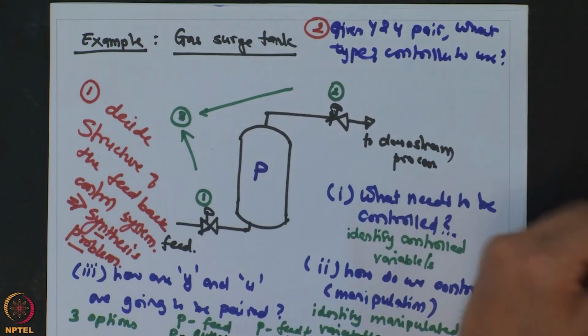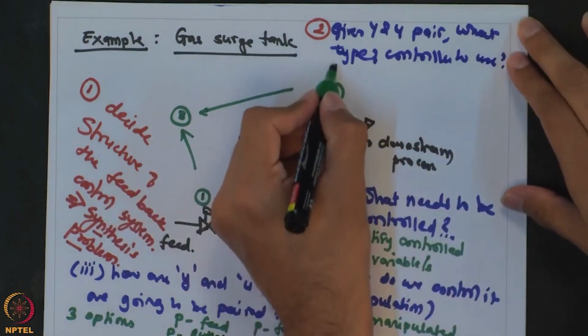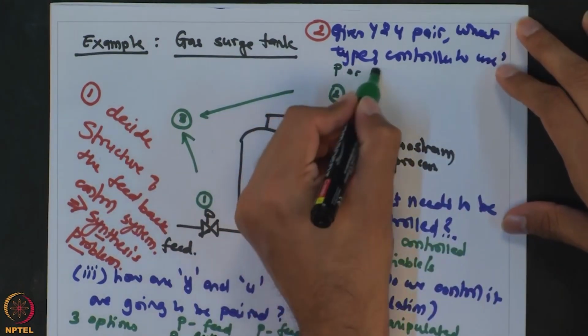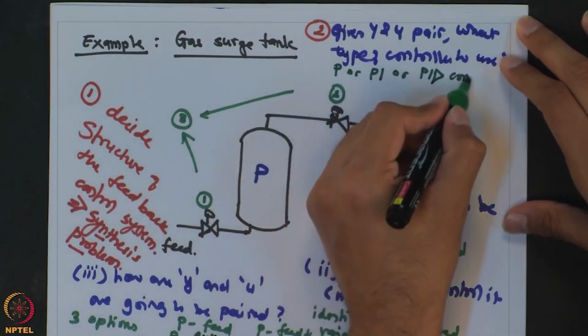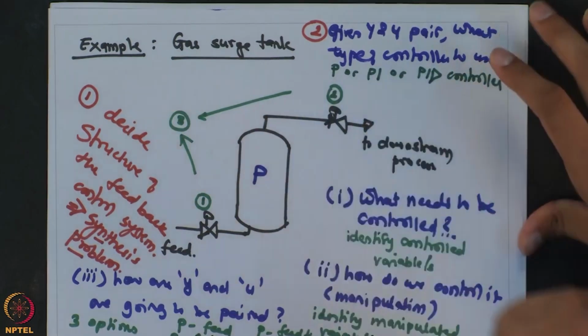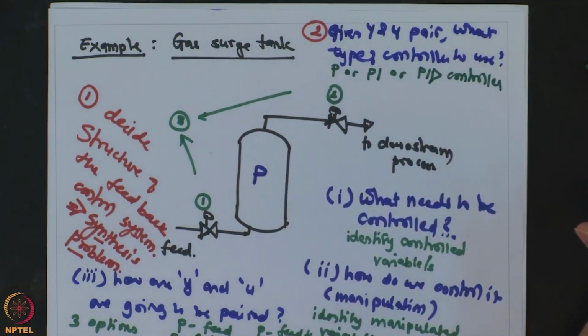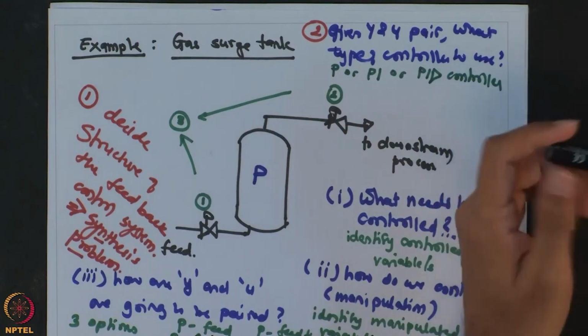So, the answer to this in this context will be whether we are going to use a P controller, a PI controller, or a PID controller. We have to answer this particular question once we have decided about the inputs and outputs.